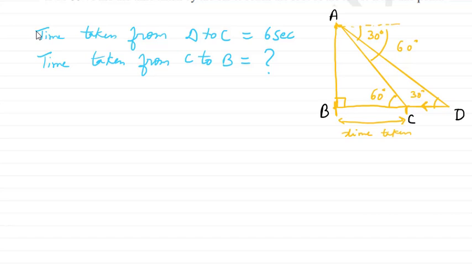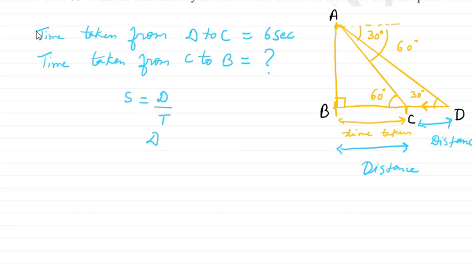So first what we will do in this question, we will find out this distance and we will find out this distance as well. So then we can find out the time taken in these two different distances, because we know that the speed of the car is the same and the formula for speed is distance by time.